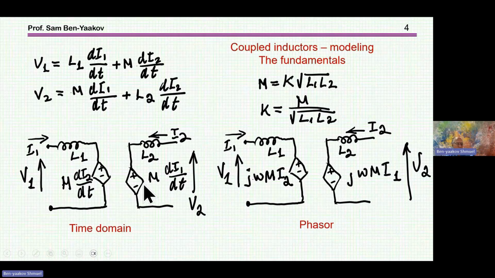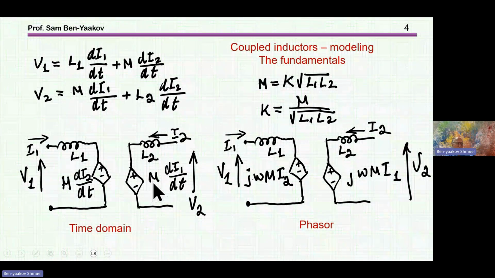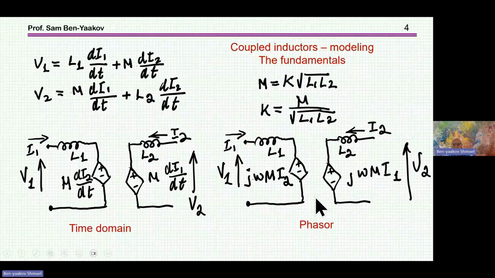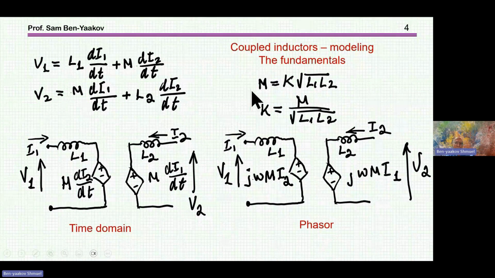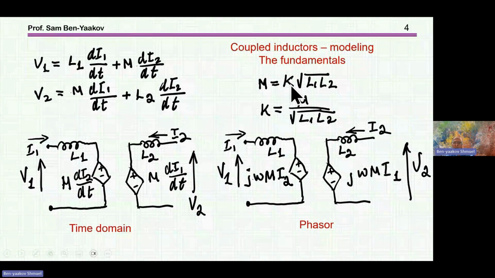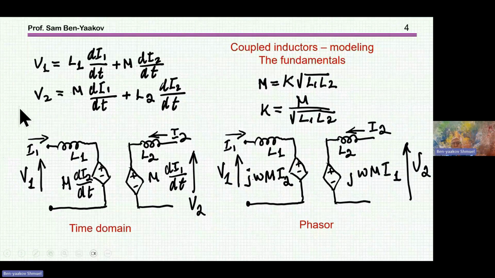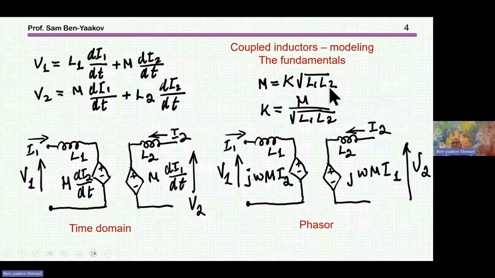For a given frequency, we can use the phasor analysis, and in this case, the derivative becomes omega M, derivative of the I, if it's cosine omega t, and then we end up with this very familiar equivalent circuit or model of a coupled inductor, where k is the coupling coefficient, which is the ratio of the flux going from one to the other side, M over square root of L1 L2.